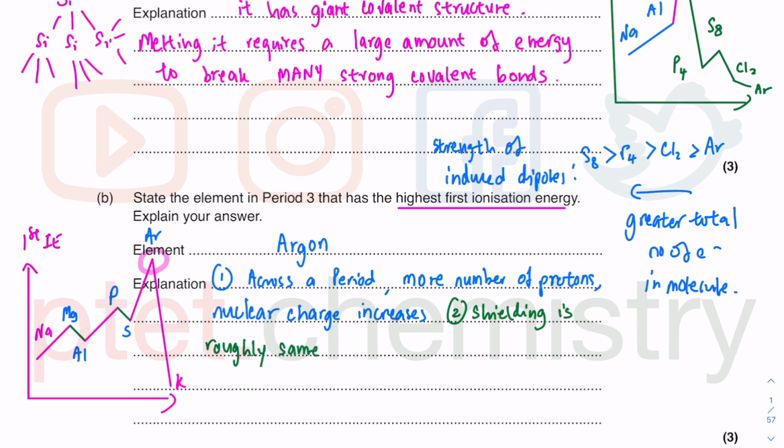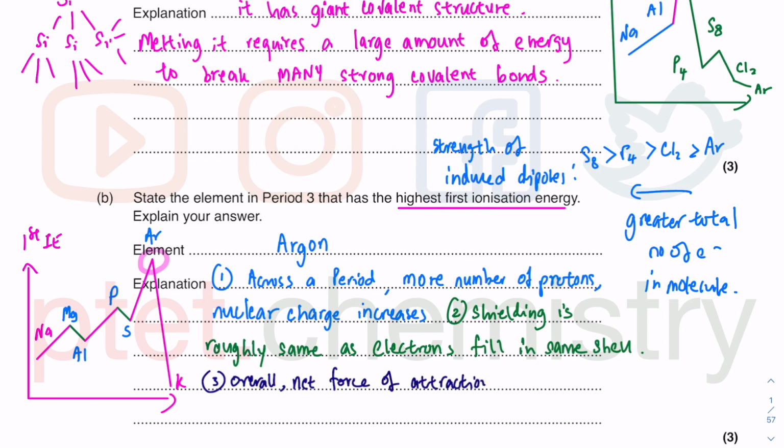Because electrons are filling in the same shell, which in this case is the third shell. And last but not least, we talk about the net attraction that your outer shell electrons feel. So overall, the net force of attraction between the outer shell electrons as well as your nucleus is going to get stronger, as the protons in the nucleus increase.